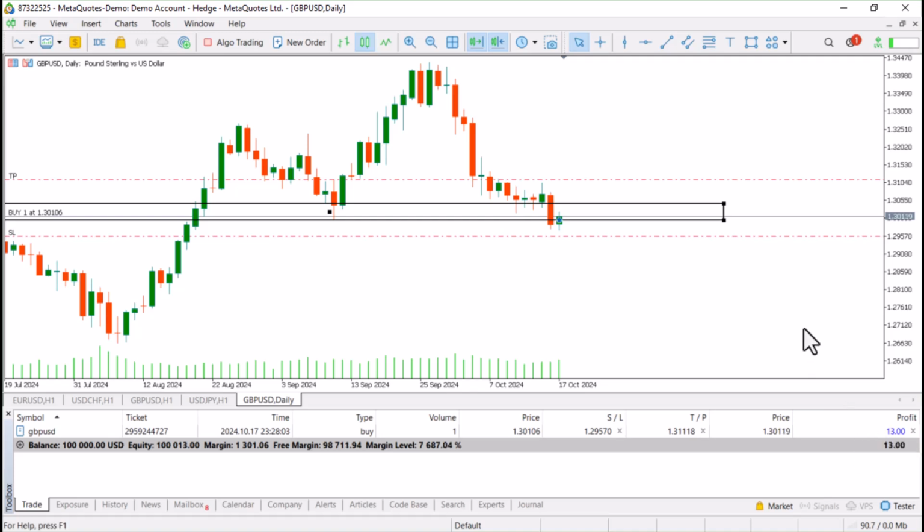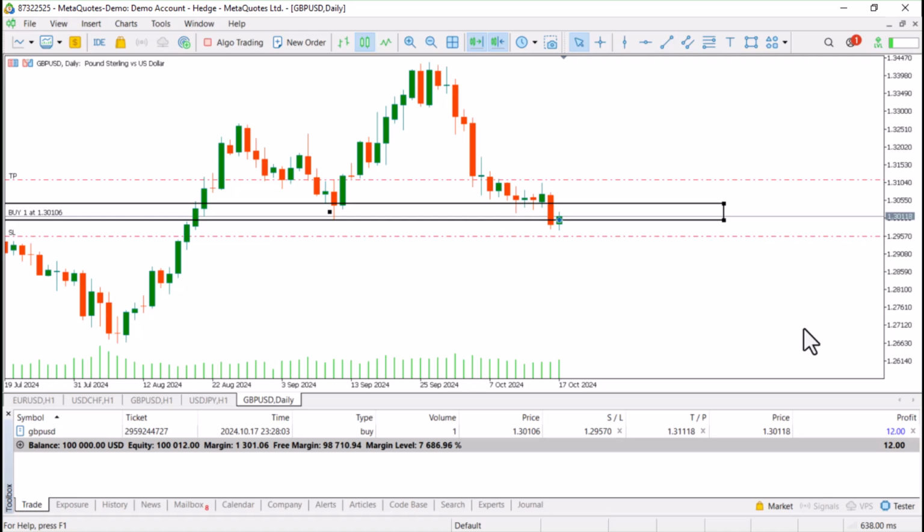Can someone tell me in the class? How many pips is this $13? How much pip movement for us to have $13 on a 1 lot position size? What does $10 mean in terms of pips? Do you understand my question?